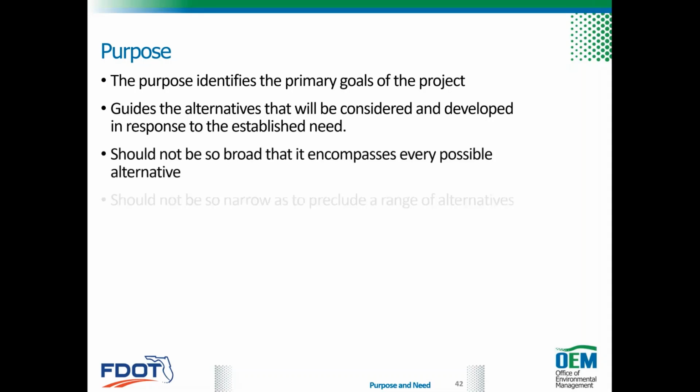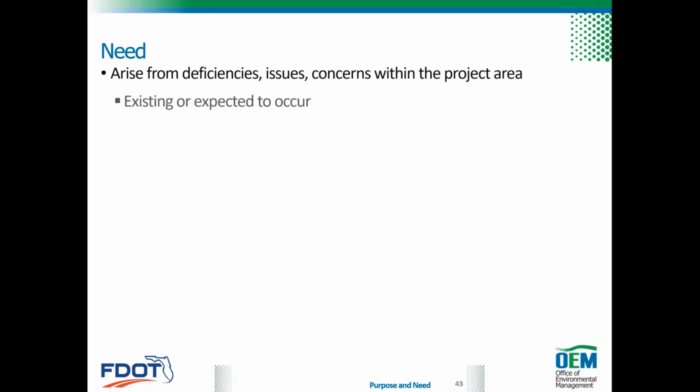And like I said, it should be broad, should not be so narrow as to preclude a range of alternatives. And then the need serves as a foundation for the proposed project and provides the principal information upon which the no-build alternative discussion is based.